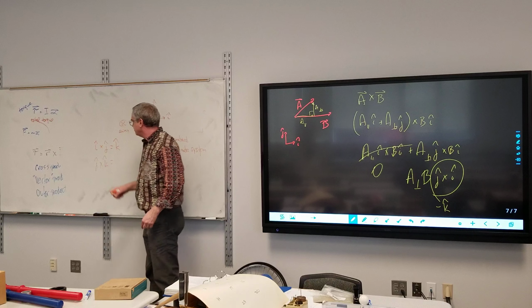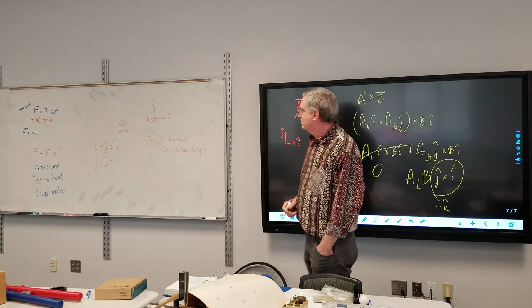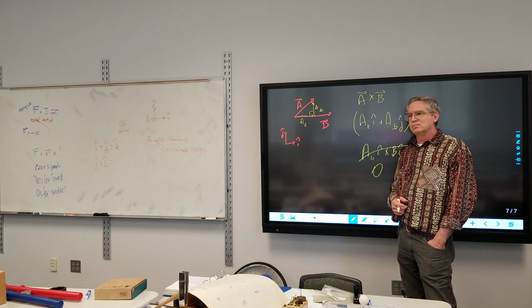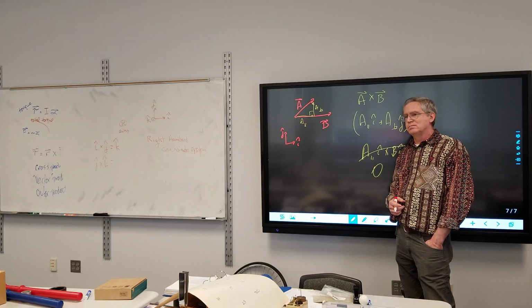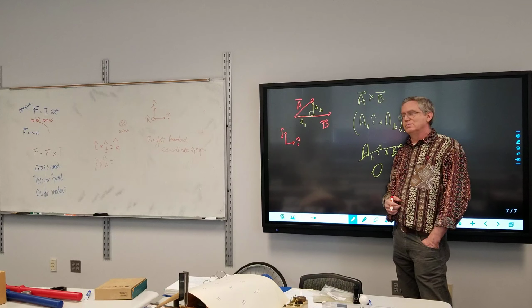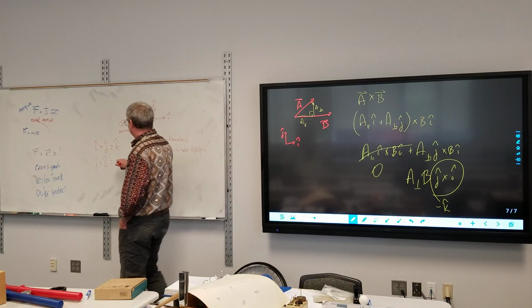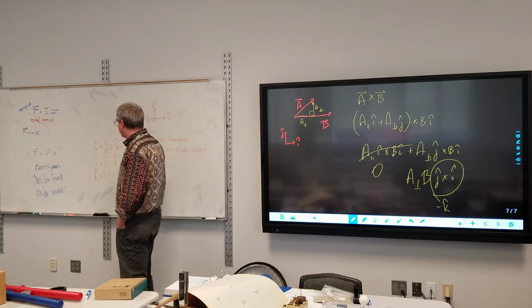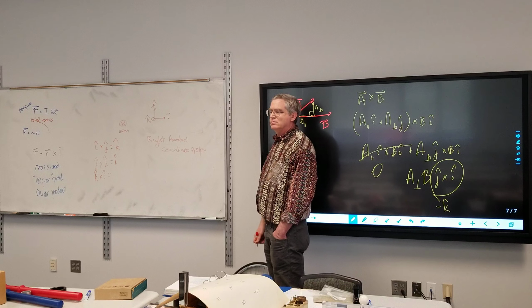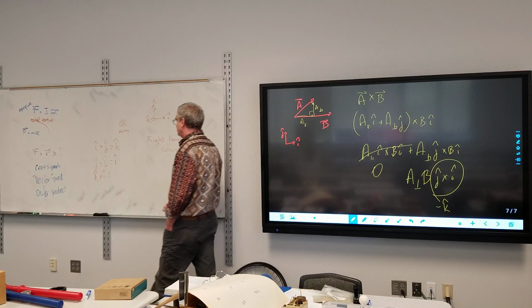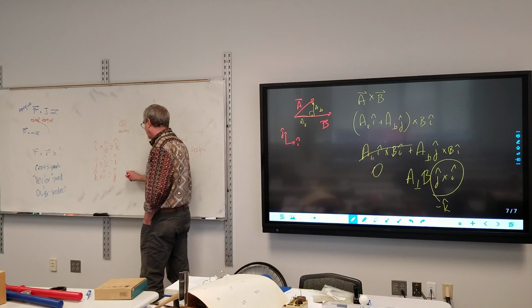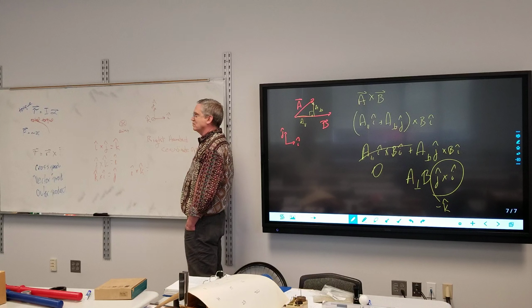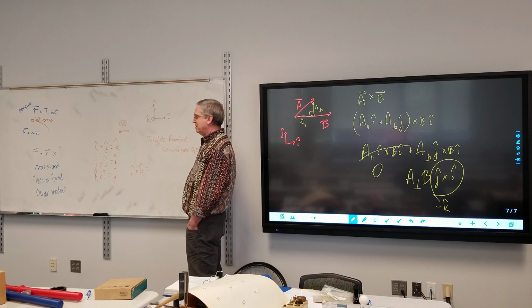J cross K. K cross I: J hat. I cross K: negative J hat.